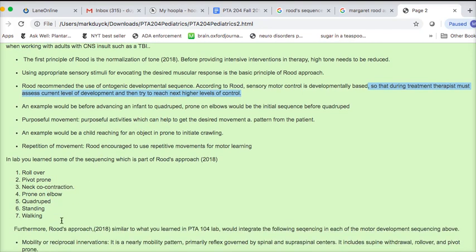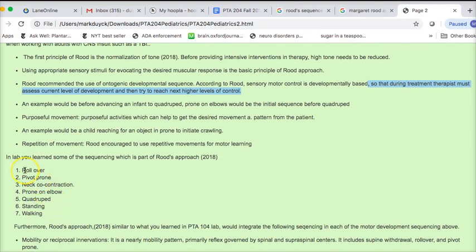Okay, so kind of going down to this sequencing, rolling over, which would be part of going from supine to side lying, being able to pivot prone, that's movement in prone, that neck co-contraction, you need some muscular tone with the head, controlling the head, the cephalad part of the body, in order to move.